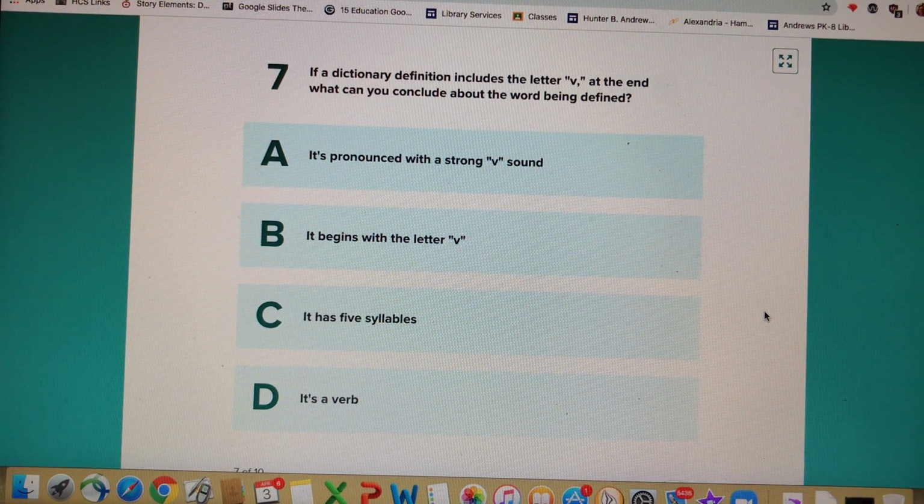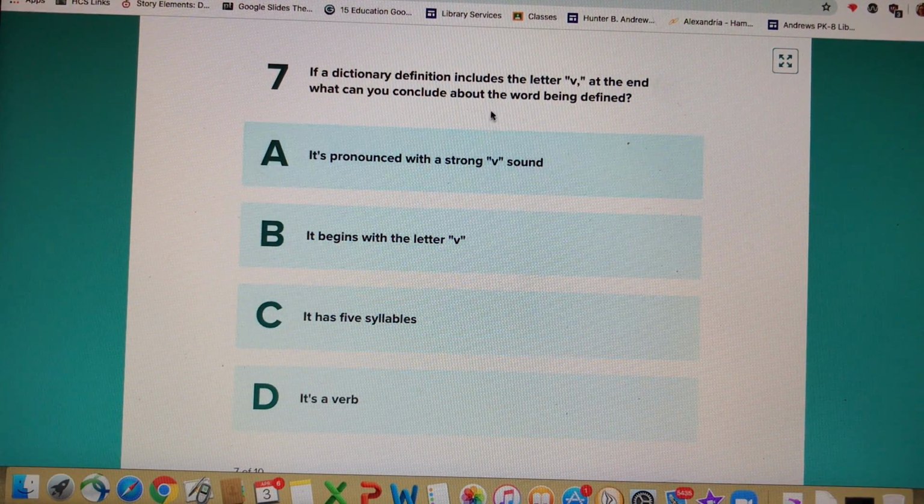If a dictionary definition includes the letter V at the end, what can you conclude about the word being defined? Do you think it's pronounced with a strong V sound? It includes the letter V, it has 5 syllables, or it's a verb.